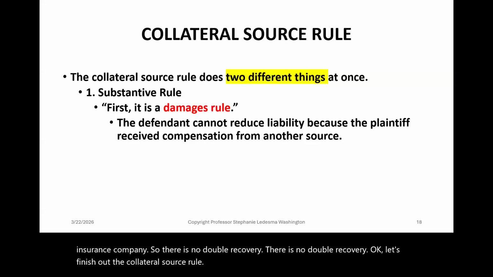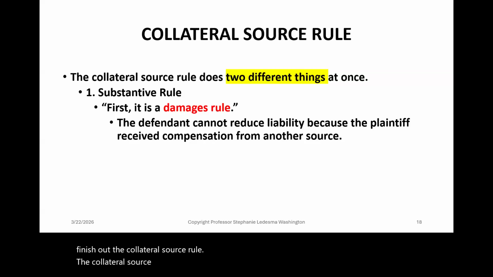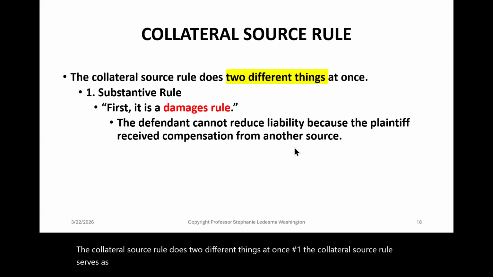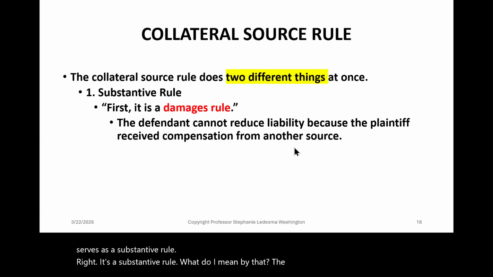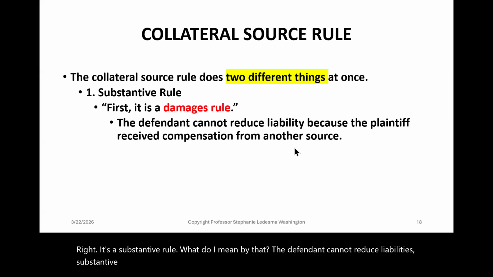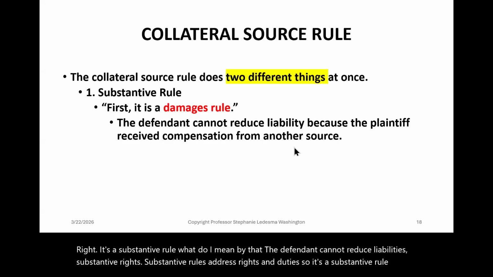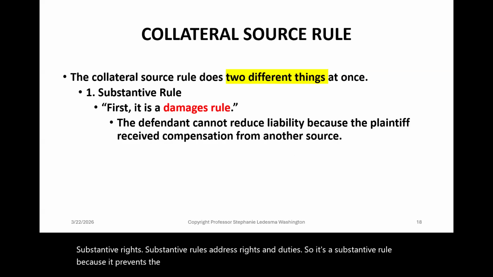The collateral source rule does two different things at once. Number one, the collateral source rule serves as a substantive rule, right? What do I mean by that? The defendant cannot reduce liability. Substantive rules address rights and duties. So it's a substantive rule because it prevents the defendant from reducing their liability.